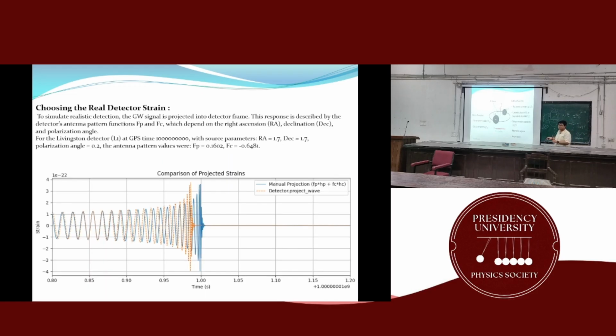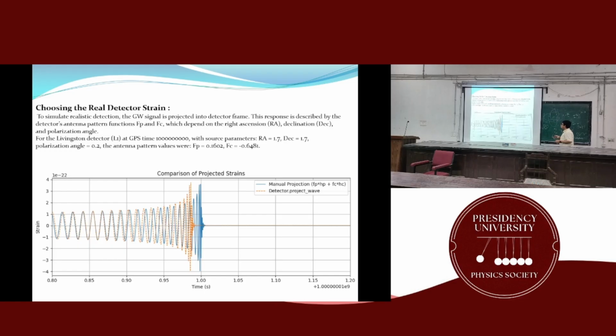For this study, I have considered intrinsic parameters. I have not taken extrinsic parameters. This is the real detector strain we are using with the RA and DEC value of 1.7, polarization angle 0.2, and F plus and F cross of these values.